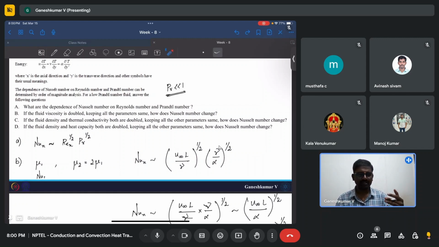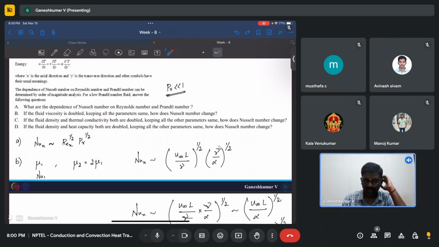We started from mass, momentum and energy, we derived it, we solved those equations, and then we ended up having some relations, right? But in the experiments they don't do that. They do the experiments, they get the data, and they try to fit this expression, and from that they get the constant. That's why it's called correlation. And those correlations we will not be dealing much with.